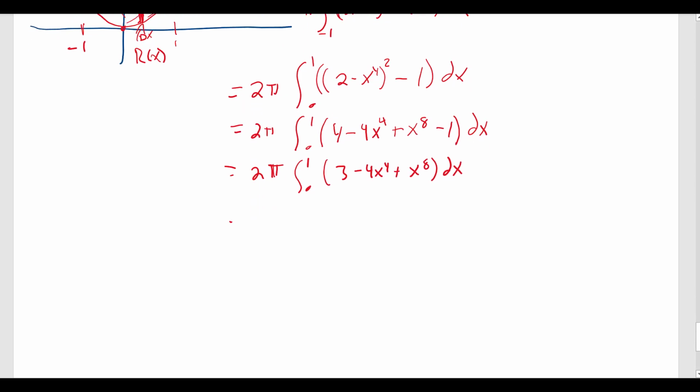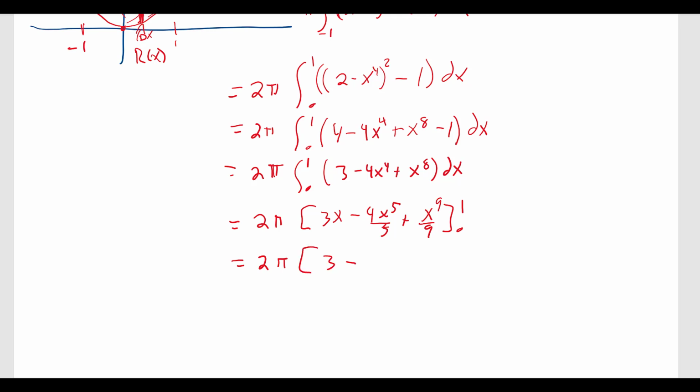And so we end up with 2 pi times what? That's 3x minus 4x to the fifth over 5 plus x to the ninth over 9 from 0 to 1. So 2 pi times what? Put the 1 in there. 3 minus 4 fifths plus 1/9 minus, and if I put 0 in there, those will all be zeros.